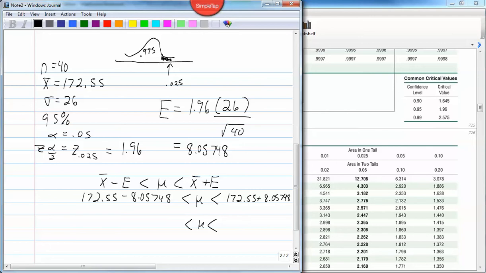Alright, I was given a mean with 2 decimals, so I'll round it to 2 decimals. I got 164.49 and 180.61.